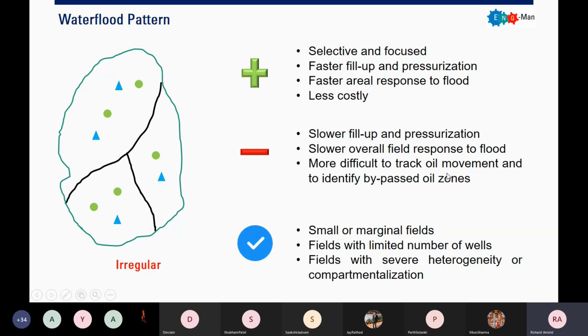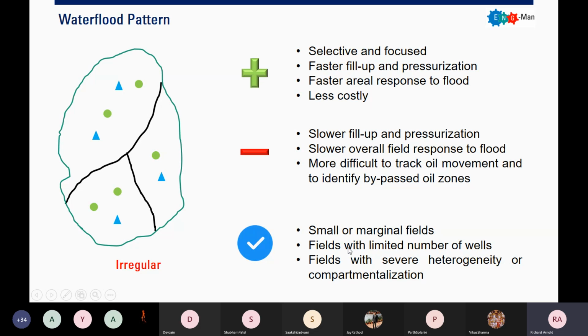Okay, but it is very good. It is recommended if you have small or marginal fields. If you have small and marginal field, you cannot do regular pattern water flood. It will be too costly. You will need to drill a lot of wells just for a small or a marginal reservoir, right? So in this case, you need to do irregular water flood.